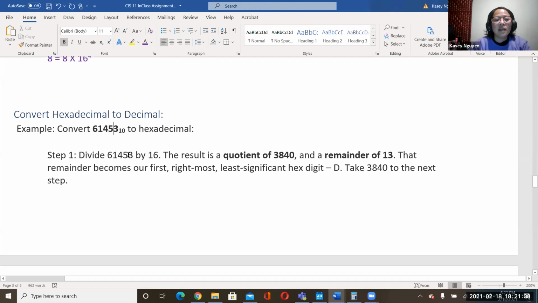So in this example, I take 61,453 in decimal, and I'm going to divide it by 16. When you divide that, the first step gives you 3840 as a quotient, and the remainder is 13. This remainder is important. 13 is equal to D in hexadecimal. Then you take the quotient and divide it again.